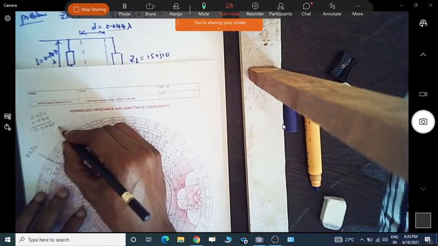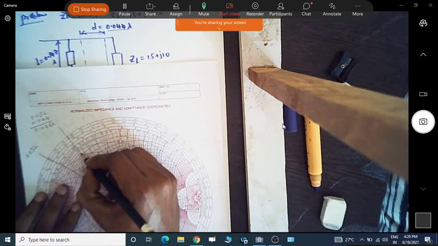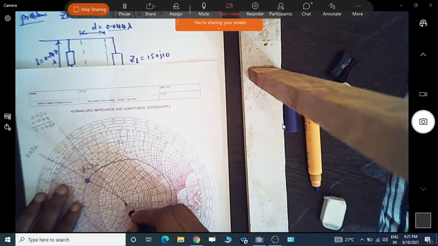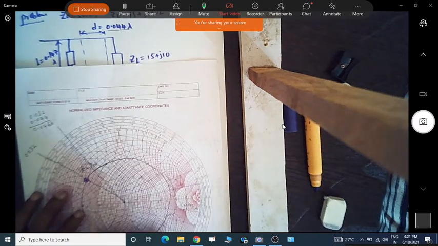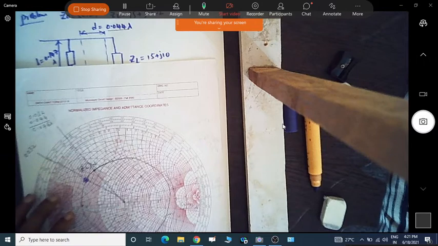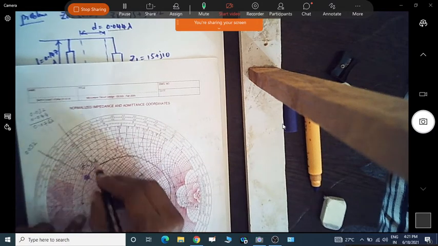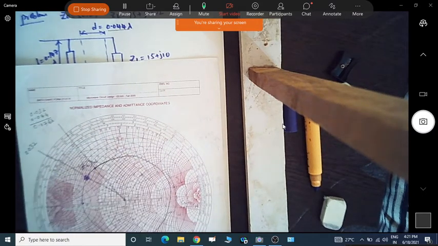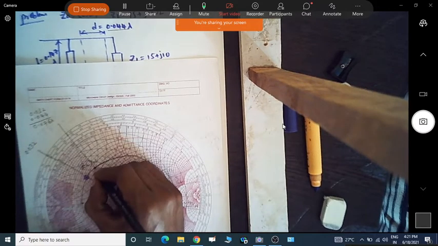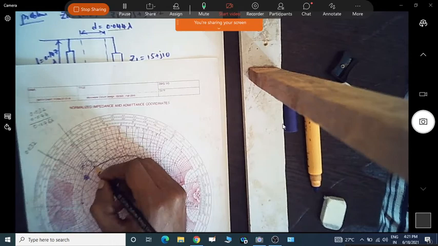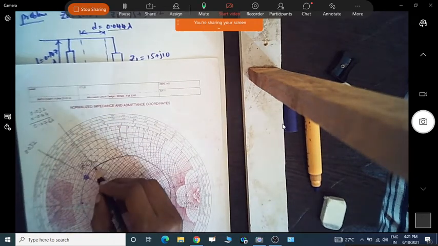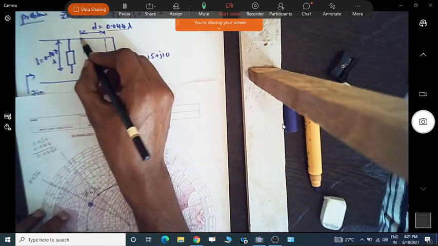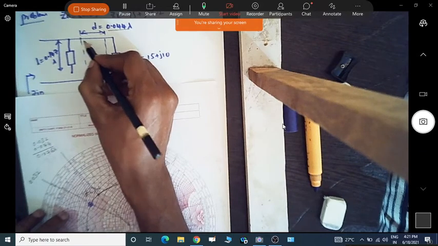So now we have to join the point to the center. Okay, so now this is the actual location of the stub point. Now at this point you have to read what is the susceptance value offered by the location. Now first we need to see what is the susceptance value of this location.